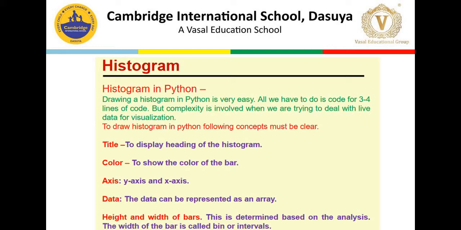Data can be represented as an array also. Then is the height and width of bars, which is determined based on the analysis. The width of the bar is called bin. We have already discussed in the previous slide that the intervals are called bins, and the data that we supply decides the height of the bars.